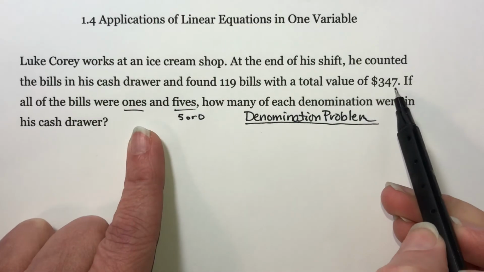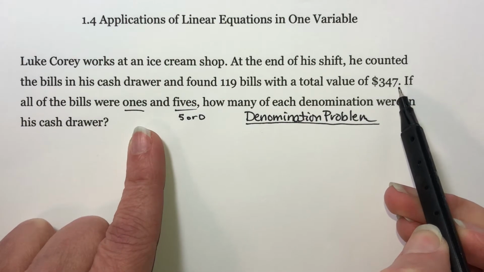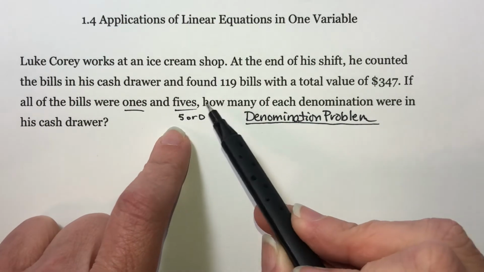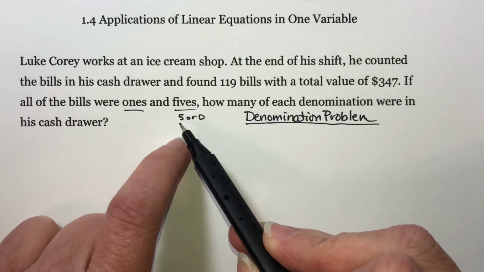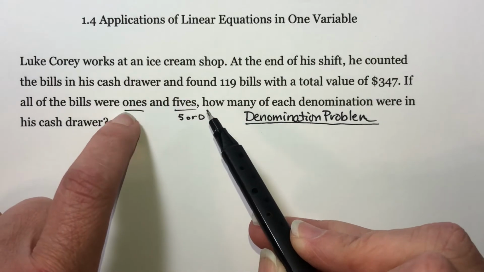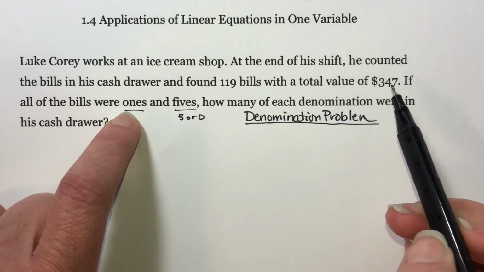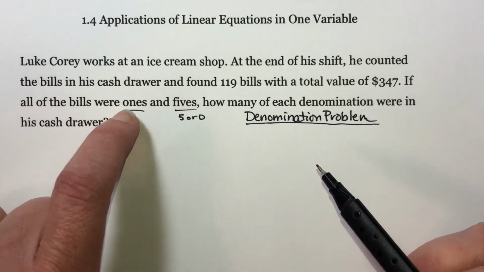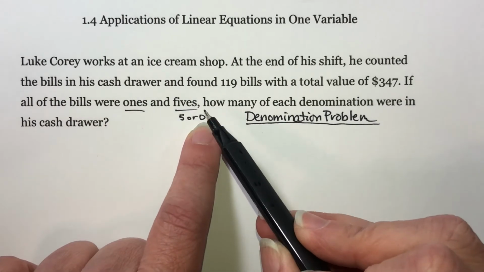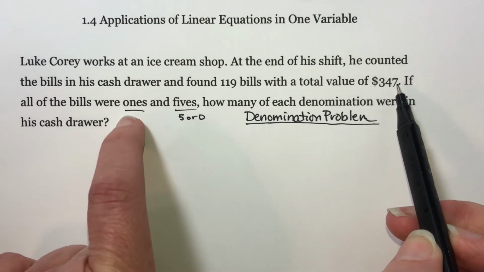I end with a 7 here. Now, if the amount of fives I have gives me a value that ends in 5, I'm going to need 2 ones to get to this 7. If it ends in 0 with the number of fives, I'm going to need 7.